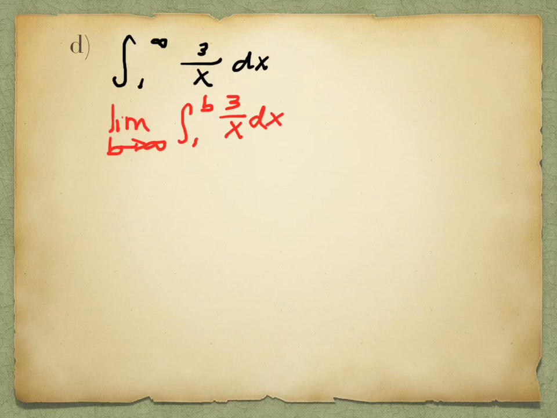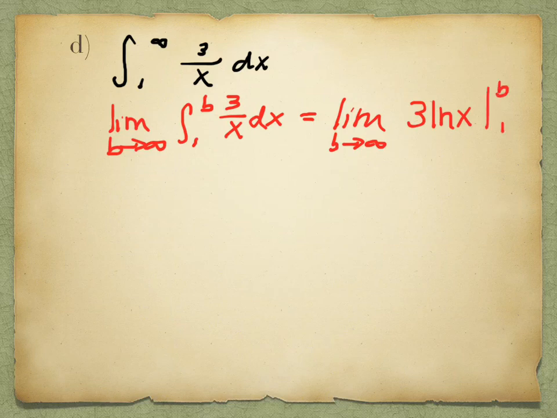What's the integral of 3 over x dx? Three ln x. And you can put the absolute values on there if you so desire, but just like on the last one, they don't actually have to be there. All right, what's next? We've still got that limit, right? What do I have?